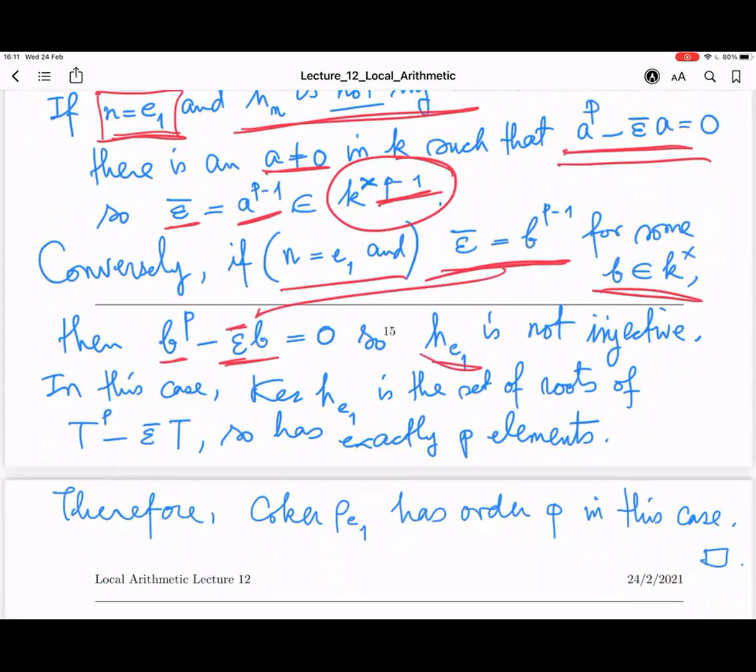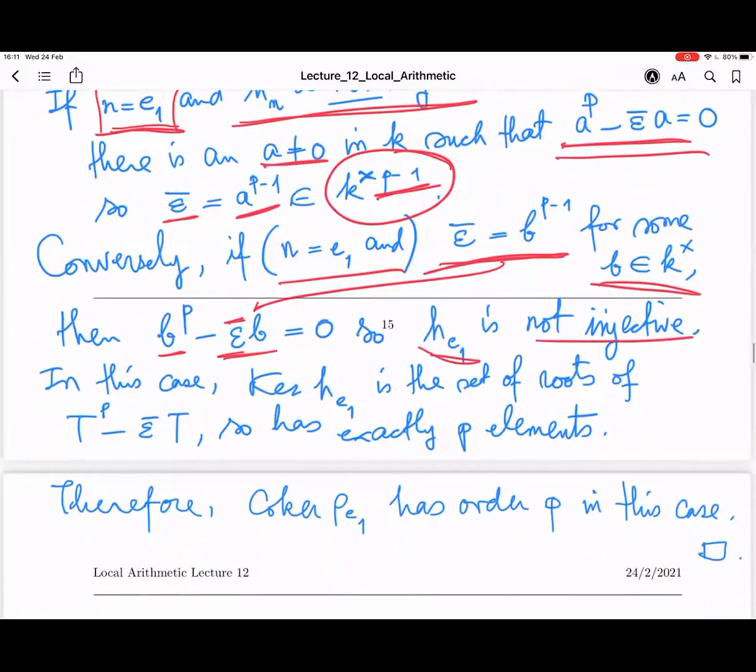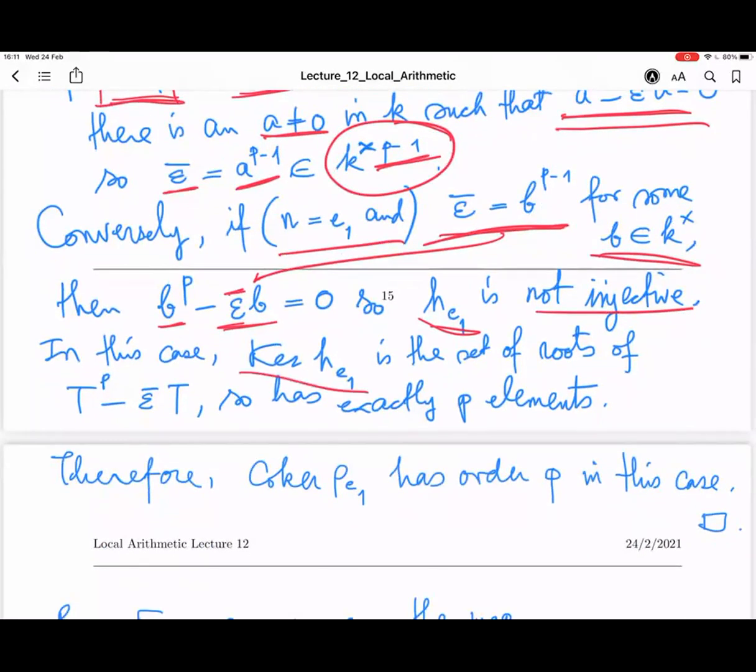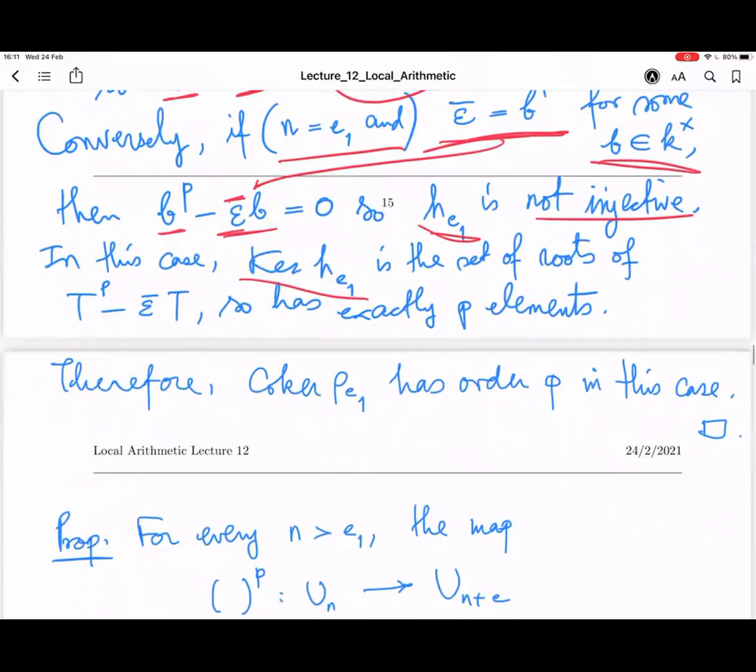So He1 is not going to be injective. And in this case, the kernel is the set of roots of this polynomial of degree p. So there are exactly p elements. I mean, there could be no roots, but it has the root 0. So it has at least one root. And the point is the kernel of something.